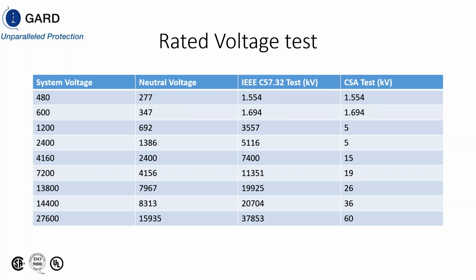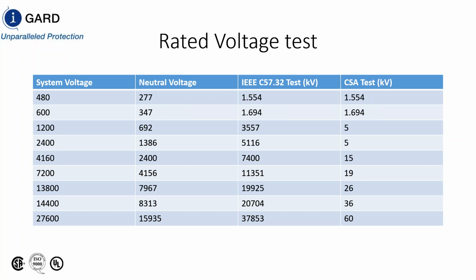IEEE C57.32 says that you need to high pot or apply a dielectric strength of 2.25 times the rated voltage plus 2 kV, whereas CSA 295 has specific ratings, 5, 15, 19, 26, depending on the rated voltage of your system. So you can see there's an appreciable difference here.